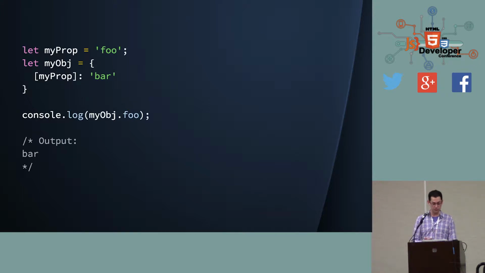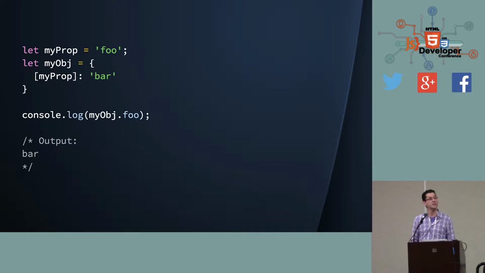This is just like if we had done let myObject equal two curly braces, and then on the next line, we did myObject bracket myProp bracket equals something else. We can use this with the let keyword, or you can use it with simple var as well.